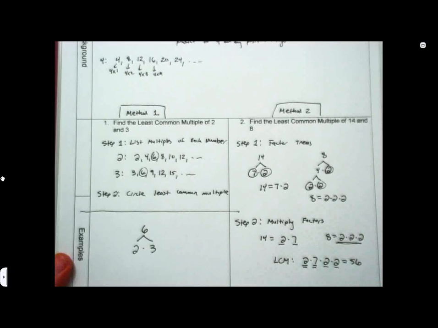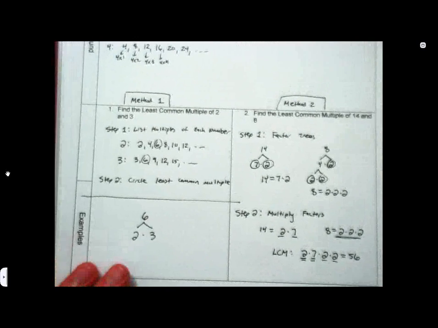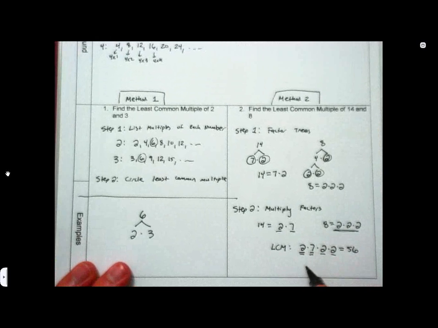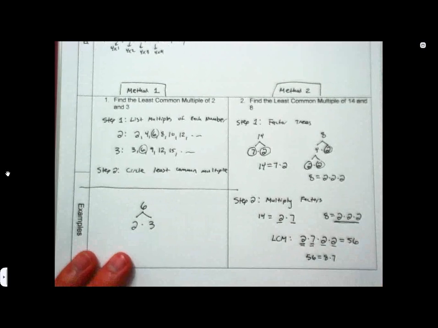And if I check 56, I have to be sure that it can be written as 8 times something and 14 times something. Certainly 56 can be written as 8 times 7, and 56 can also be written as 14 times 4.